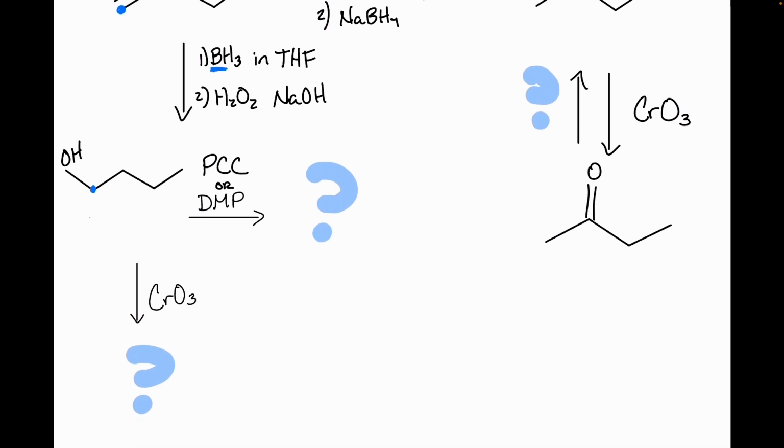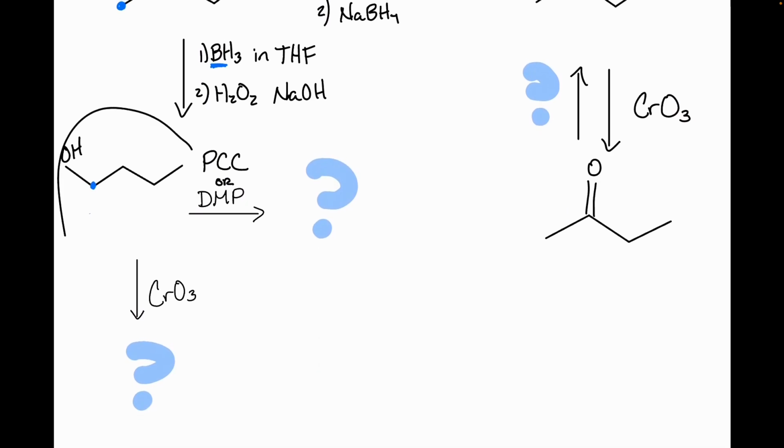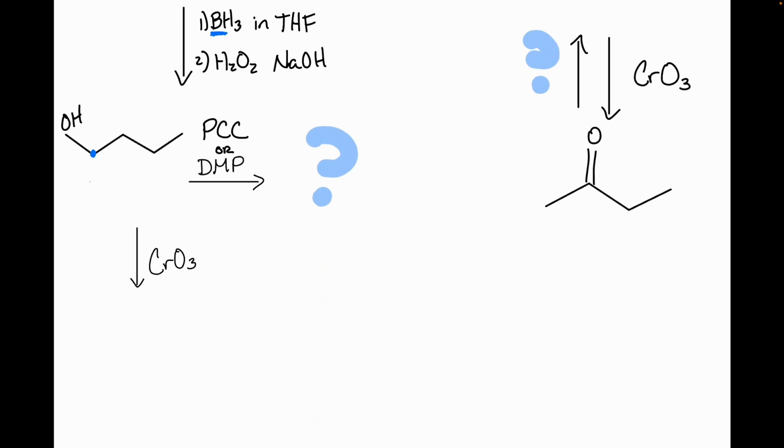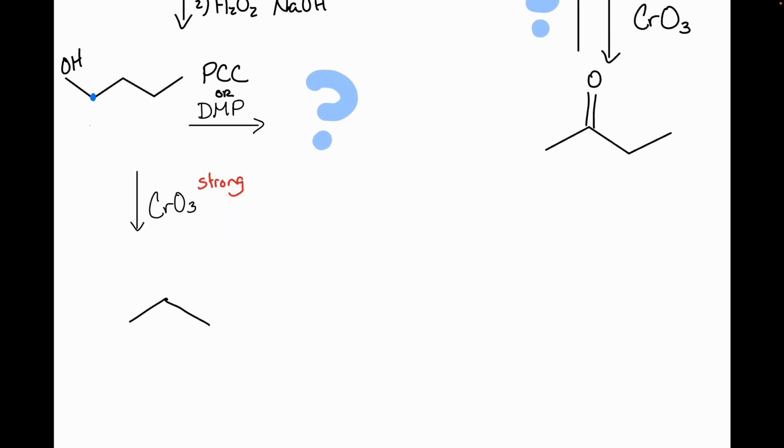My primary alcohol, so now if we look down here, my primary alcohol, if I treat that with that same chromium reagent, what would I get? A carboxylic acid. That's because these chromium-based reagents we consider to be strong oxidizers. And a strong oxidizer would convert an alcohol all the way, fully oxidized, into a carboxylic acid.